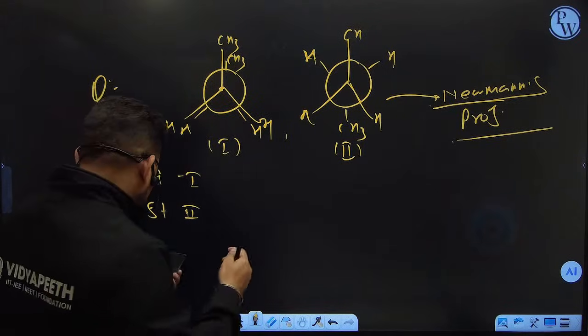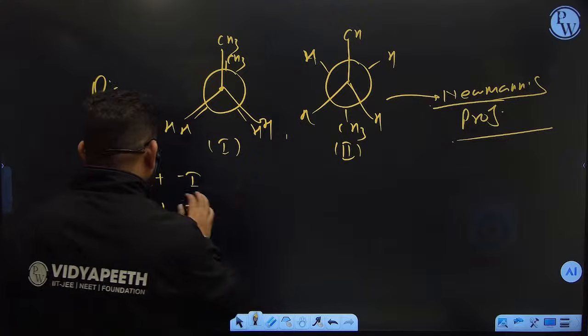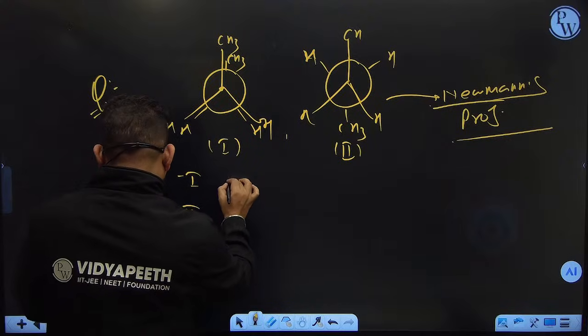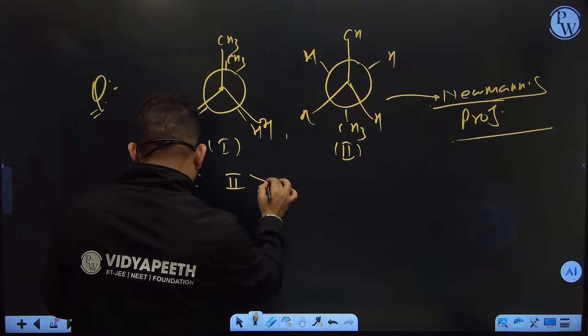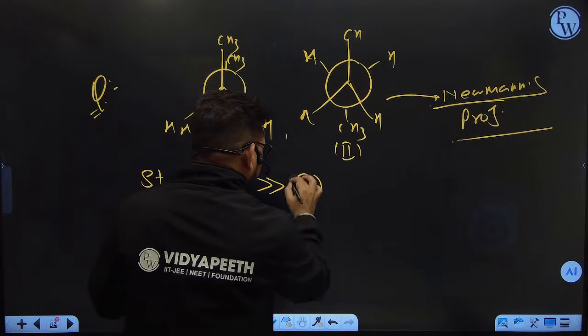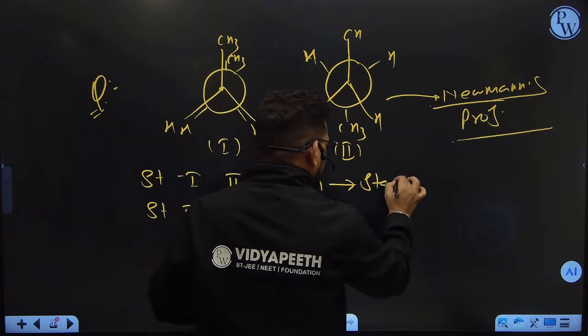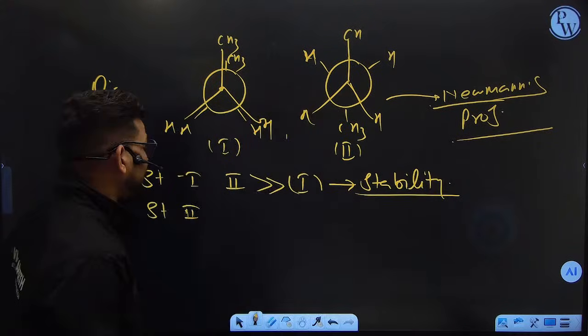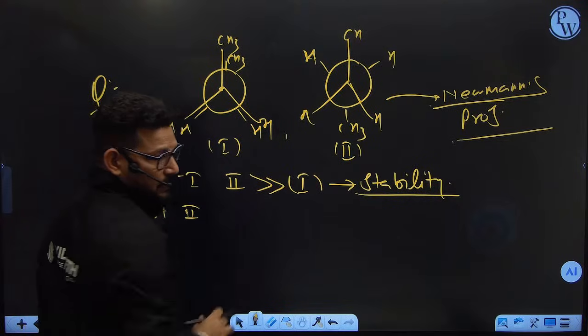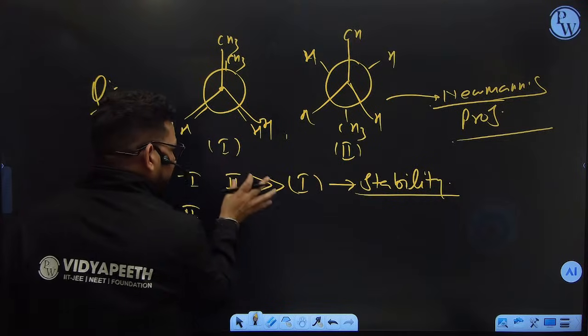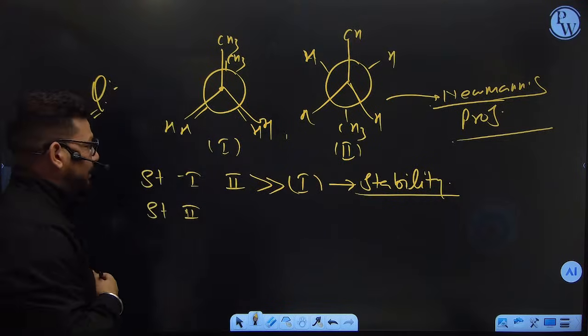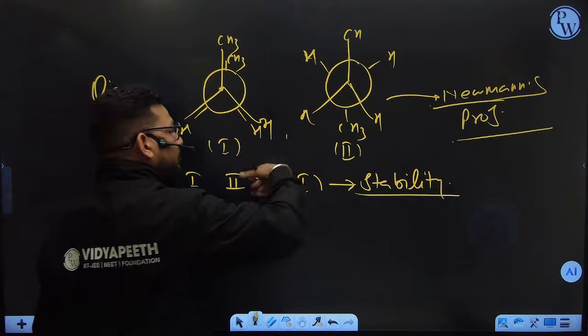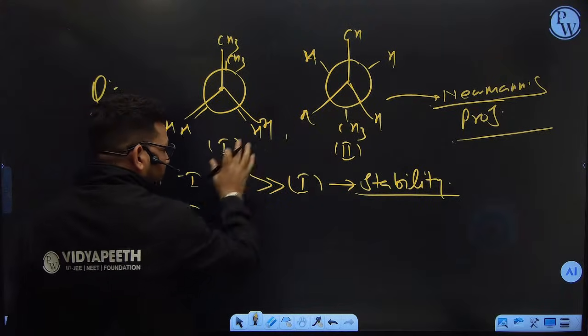Statement 1 is written like this: the second is more stable than the first. So if you talk about stability, the second one is more stable than the first one. First of all we will discuss this particular statement. Compound 2 is more stable than the first one.